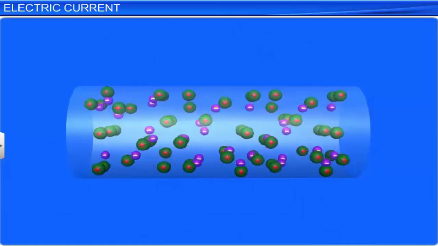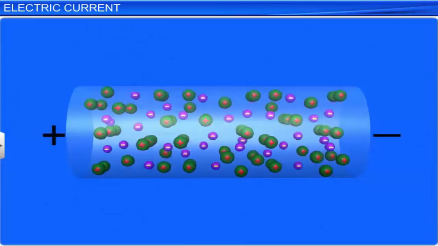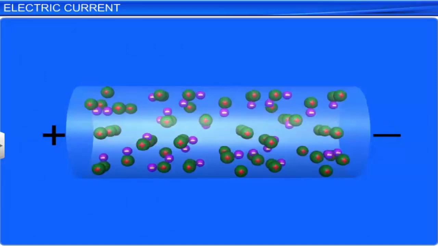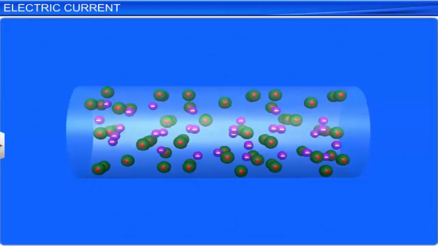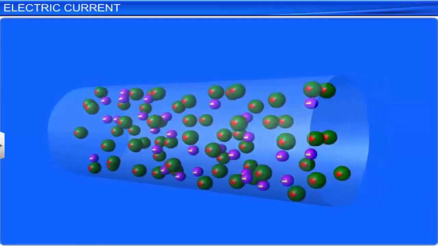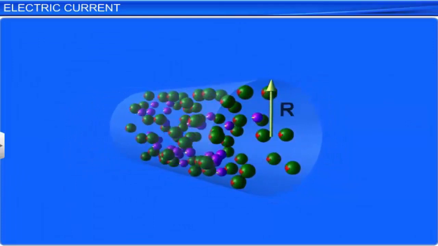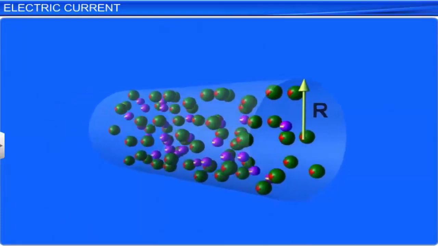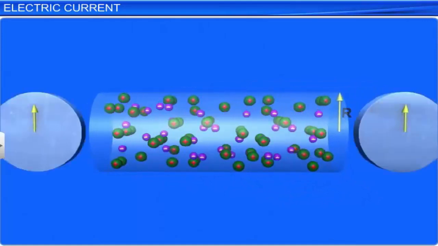Let's apply an electric field to the metal and see what happens to the motion of these electrons. To observe the motion of electrons very clearly, let us use a conductor in the shape of a cylinder of radius r. We take two thin circular discs made of a dielectric material of the same radius r as that of the cylinder.